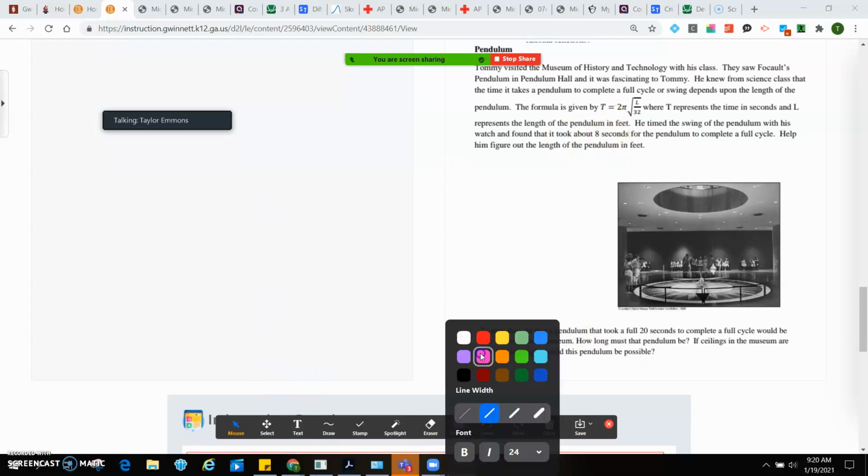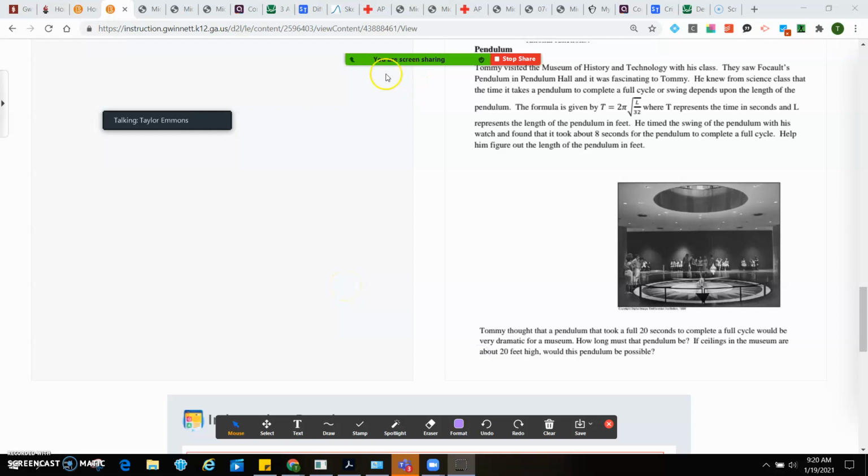Okay, so up here at the top, it says that we've got T equals 2 pi square root of L over 32. We know T is 8, so we're going to take 8 and plug it in, right?